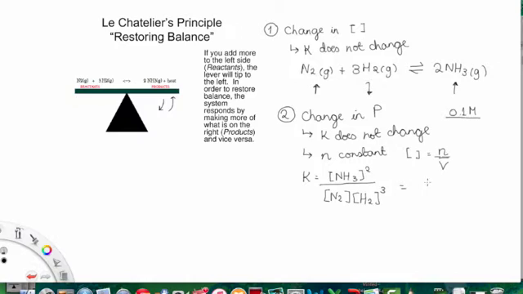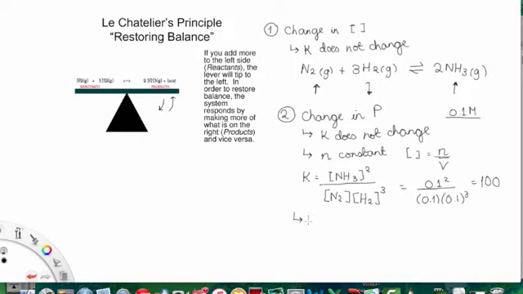So this would be 0.1 squared over 0.1 multiplied by 0.1 cubed, and we would get an answer of 100 for the equilibrium constant. If the pressure doubles, which means that the volume halves because of the inverse relationship, then the new concentrations would be 0.2 molar, right?